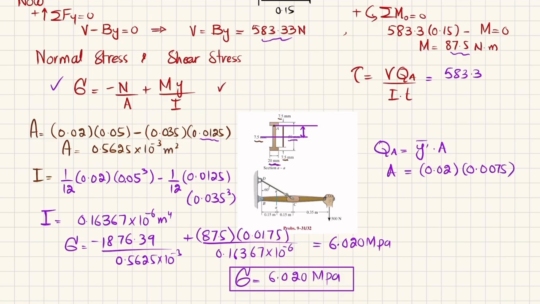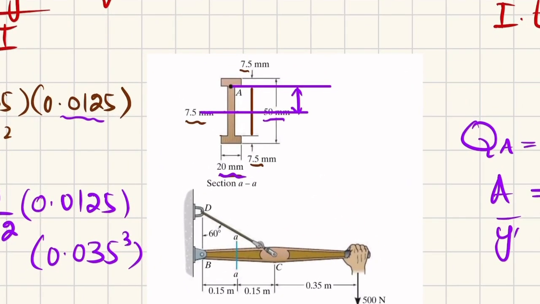Clear? And what will be the y dash? So y dash is distance from neutral axis till the mid of this section, this area. Let me zoom it, from neutral axis till the mid of this section. And you can calculate this distance is 35 and this is 7.5 divided by 2. So this distance from neutral axis till the mid will be 21.25 millimeter.